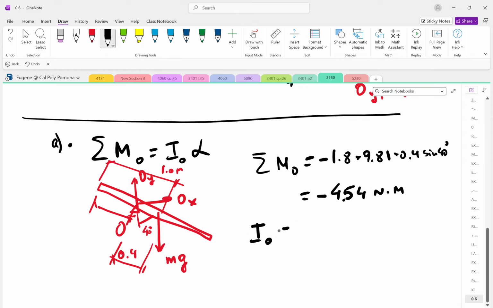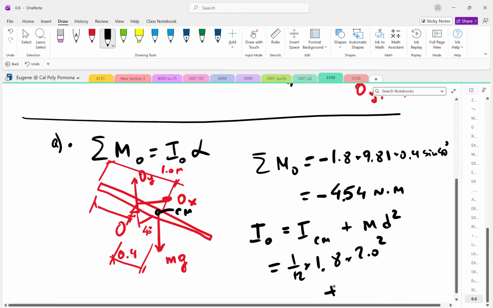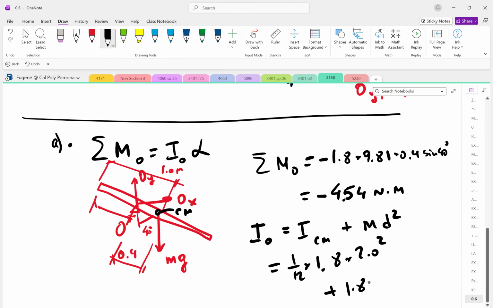I about O equals I about the center of mass. Let's say this is the center of mass. I about center of mass plus m d squared. I about the center of mass is 1/12 of the mass, which is 1.8, times the length of the bar, 2.0 squared, plus 1.8 times the distance, 0.4 squared.